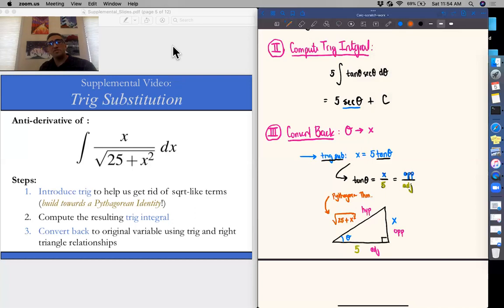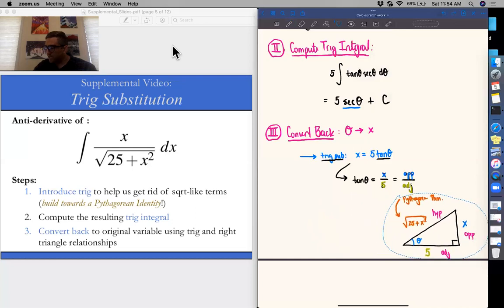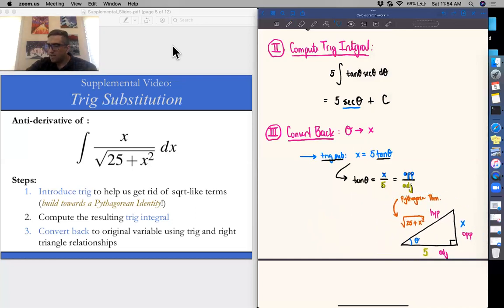Okay, but what's nice about this is since we have our right triangle, we can now use this right triangle to basically give us whatever trig functions we need from our antiderivative. So in this case, what we need is we need to figure out, well, what is secant of theta in terms of that triangle?